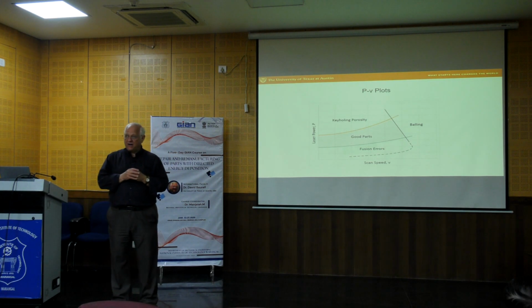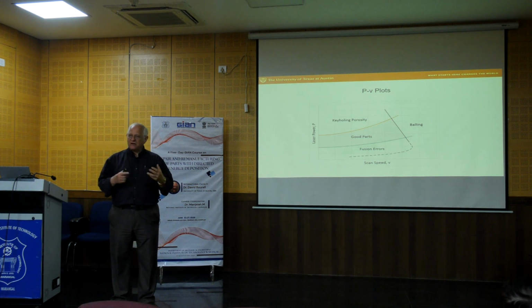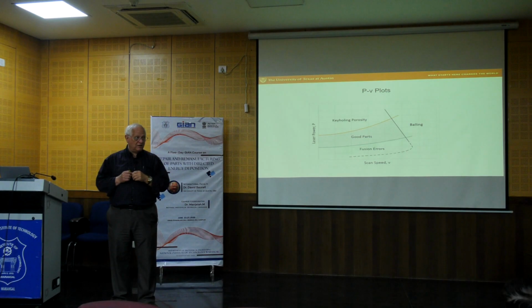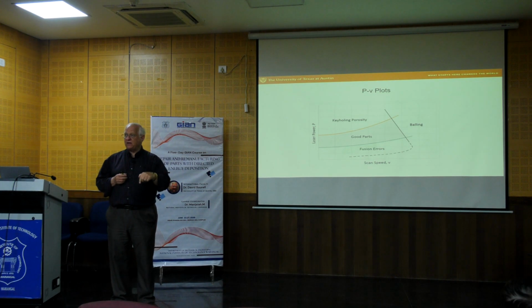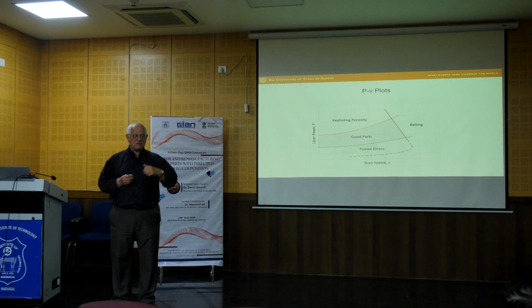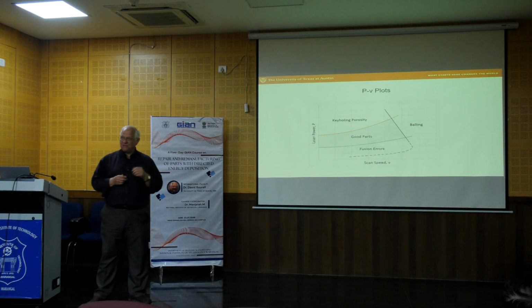If the power is too high, this is with a laser beam, it turns out that if the power gets high enough, the laser undergoes an interaction with the metal that's called keyholing. It's very common in welding, and in welding sometimes they actually take advantage of keyholing to produce deep, thin welds. But it's not a good thing in additive manufacturing, and I'll show you the movies of the effect of keyholing.